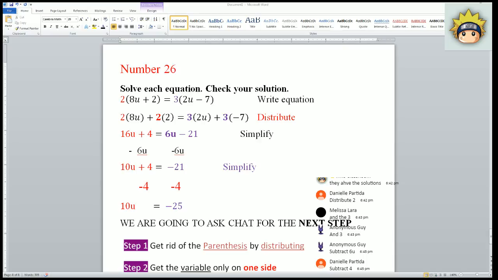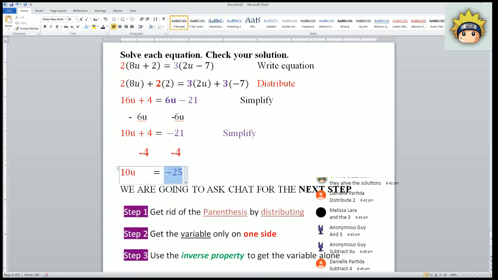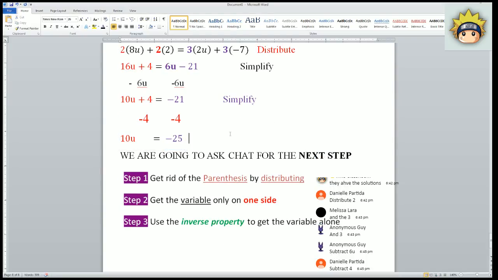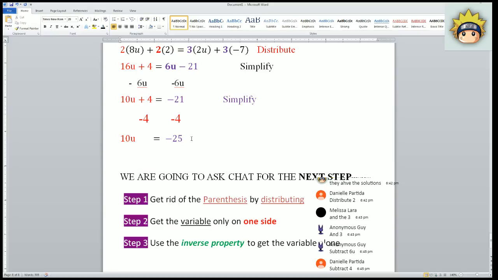Hold on, let's see if I could pull up a number line. No, I couldn't. Okay, so I sort of want to show you that negative 29 subtract 4 becomes negative 25, but hopefully we understand the algebra here. Okay, we know how to subtract.